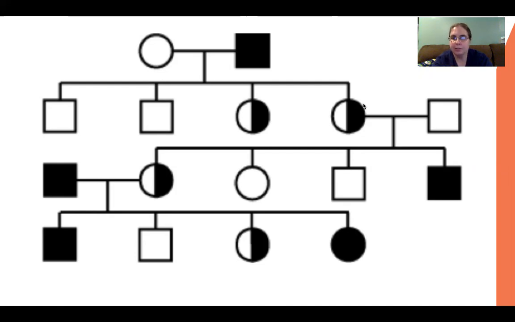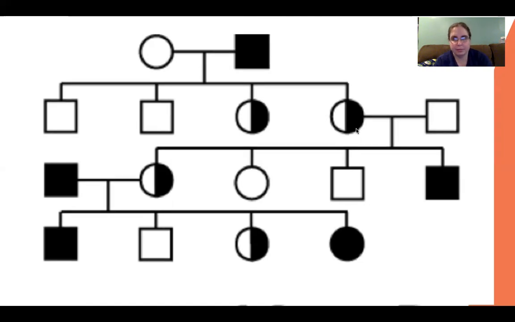All of the carriers are females. There's no male carriers at all. So that means that this is not just sex-linked, it is X-linked recessive. I know it's recessive because the fact that we have carriers means that they have the allele without showing it. And the fact that only females are carriers and that more males are affected than females tells me that it is X-linked recessive.